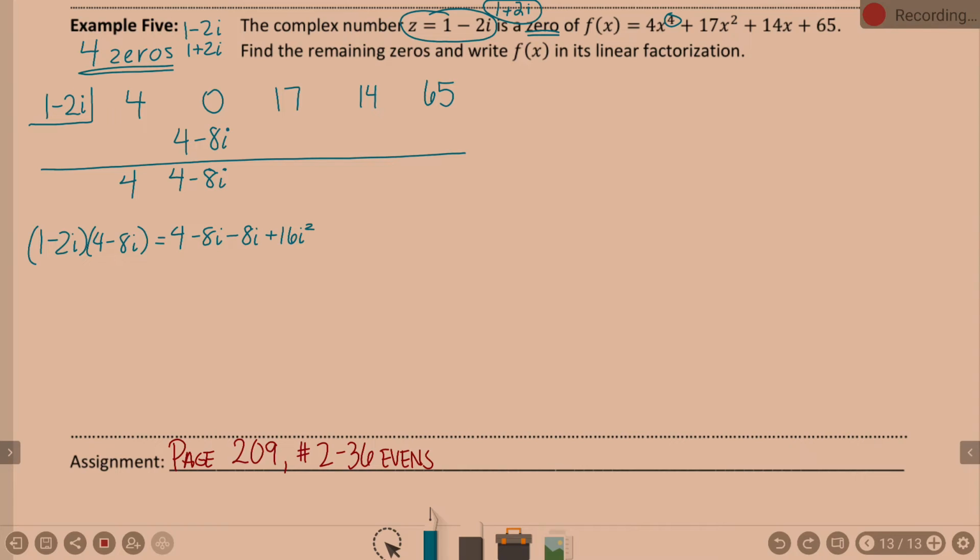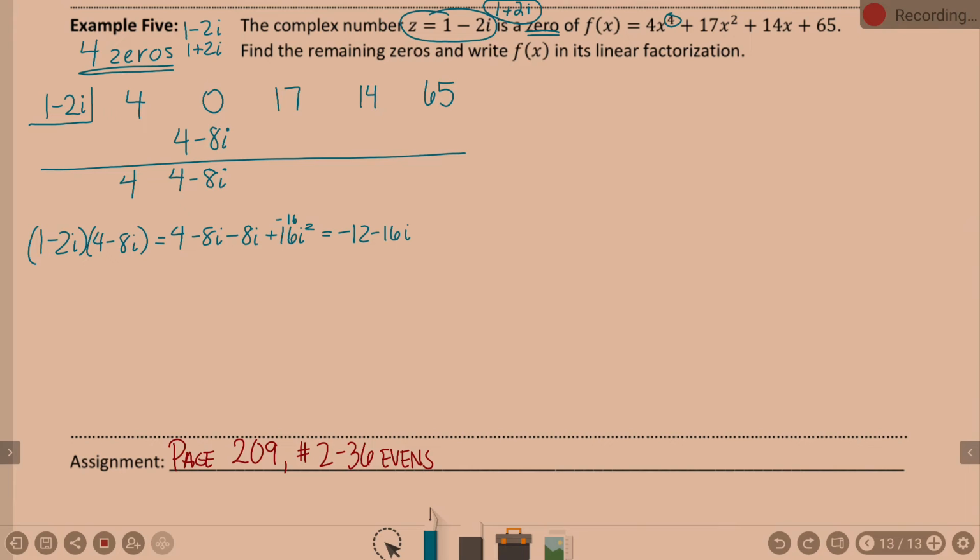Negative 12 minus 16i. Where'd negative 12 come from? The plus 16i squared. We don't leave an i squared, right? i squared is equivalent to negative 1. And so this right here is 16 times negative 1, or in other words, negative 16.